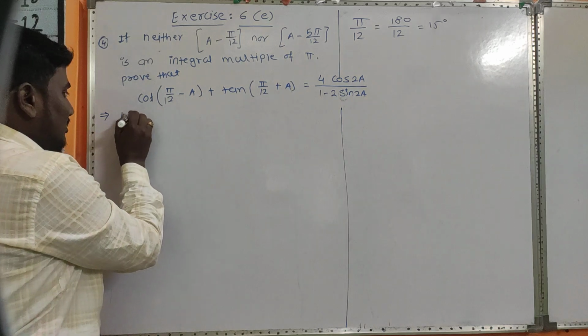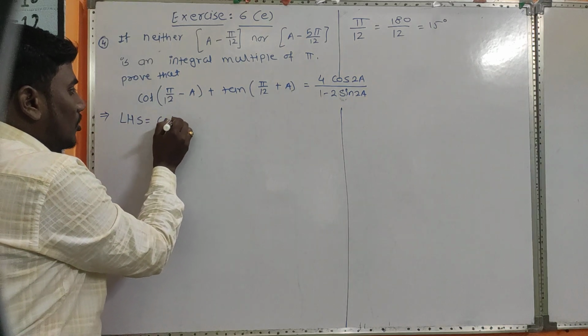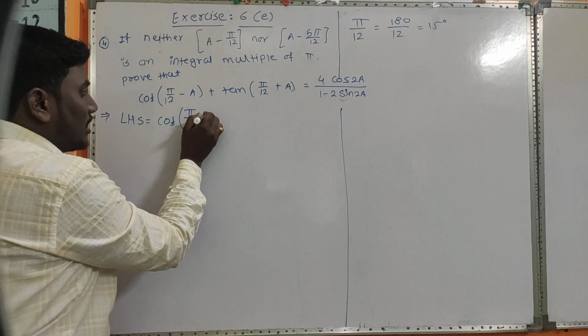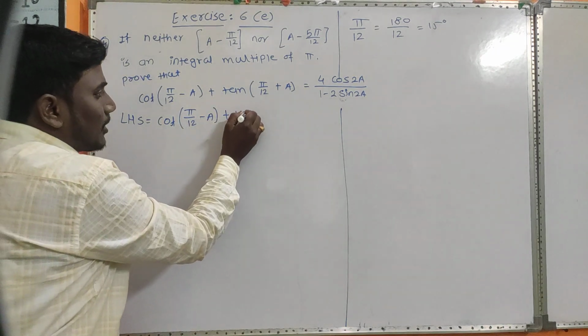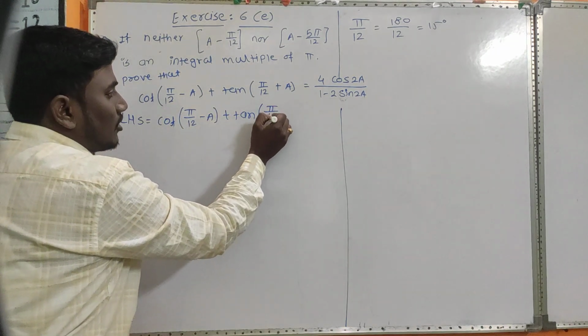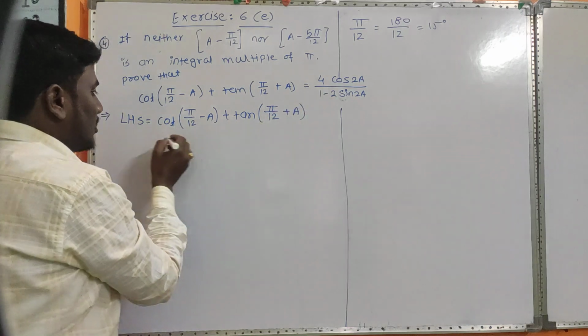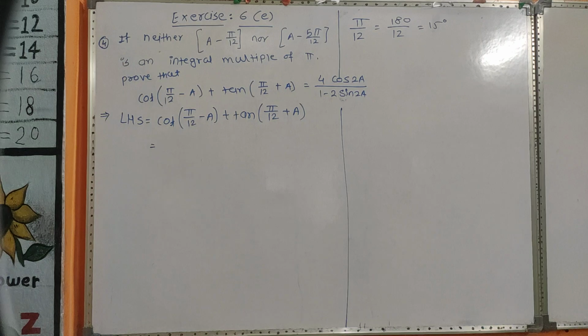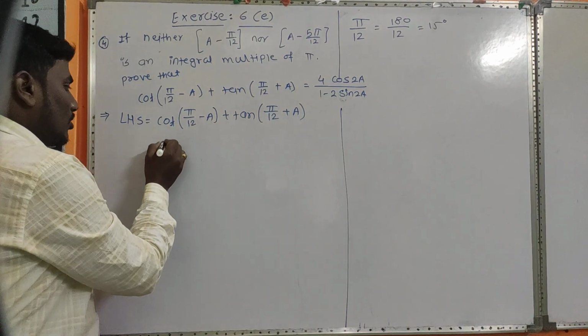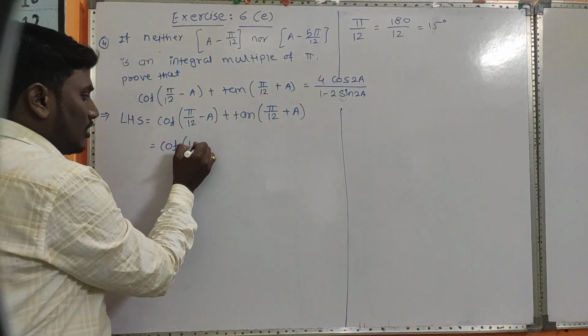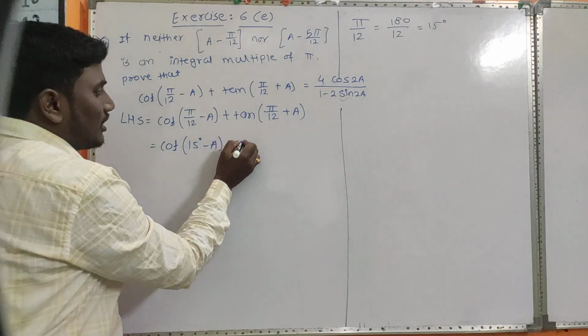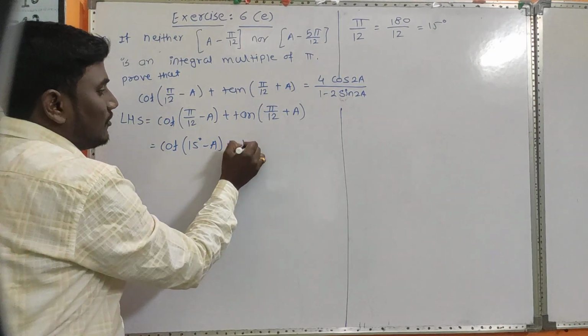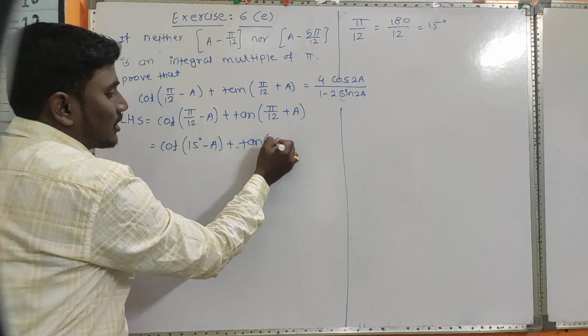So what is LHS? Cot(pi by 12 minus A) plus tan(pi by 12 plus A) is equal to, substituting here, pi by 12 as 15 degrees, cot(15 degrees minus A) plus tan(15 degrees plus A).